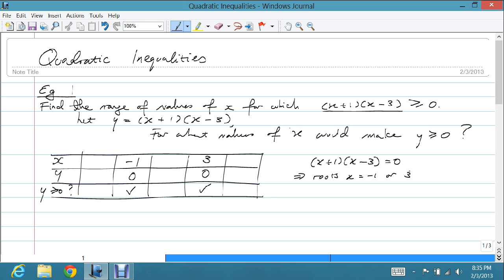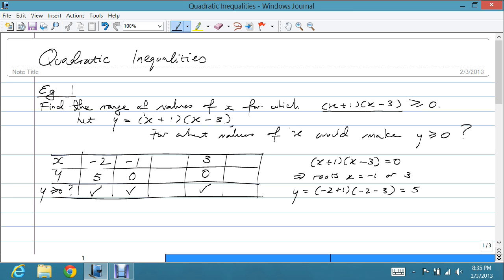Let us now test other values of x. Let's try some value of x less than negative 1, for instance x equals negative 2. Then y equals (negative 2 plus 1) times (negative 2 minus 3), which gives me 5. Since 5 is bigger than or equal to 0, it satisfies the inequality.